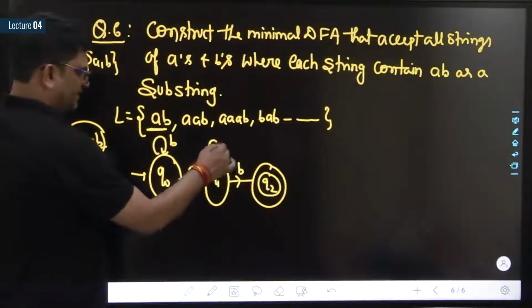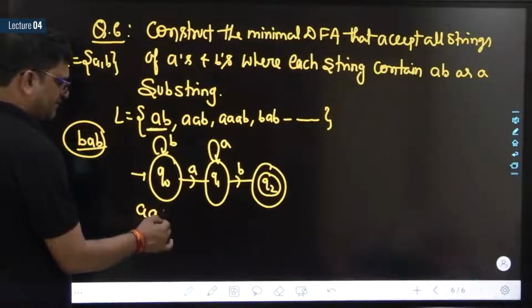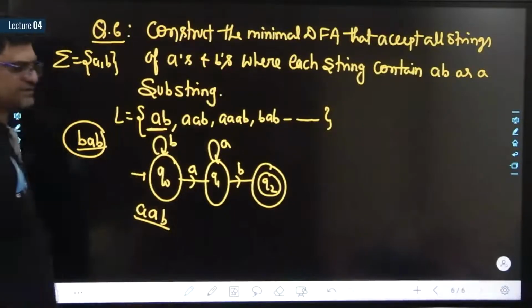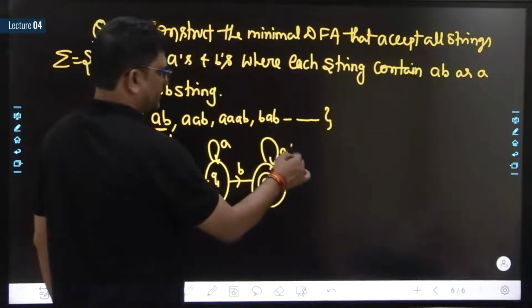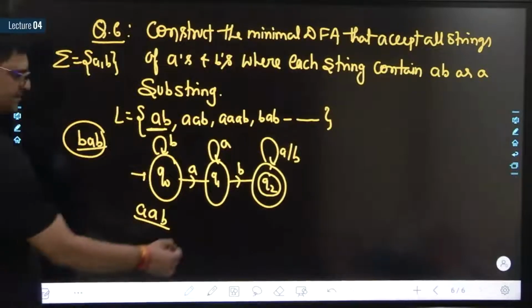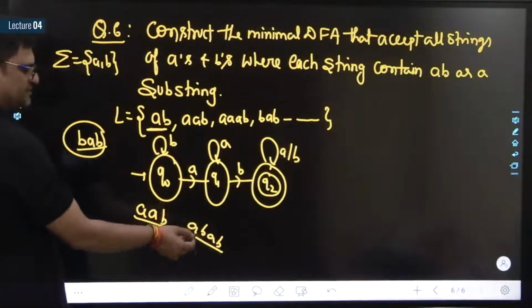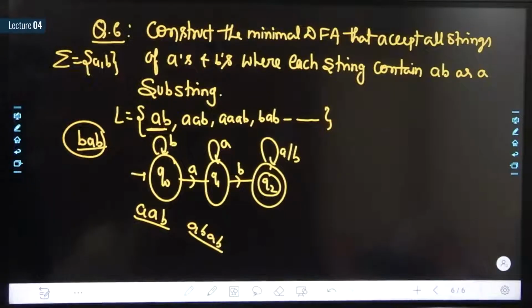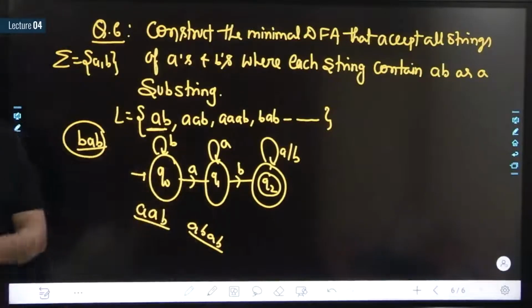Now A, because AAB is also present in our language. A, B. This string is also present in our language. So this is the minimal DFA for the given language.